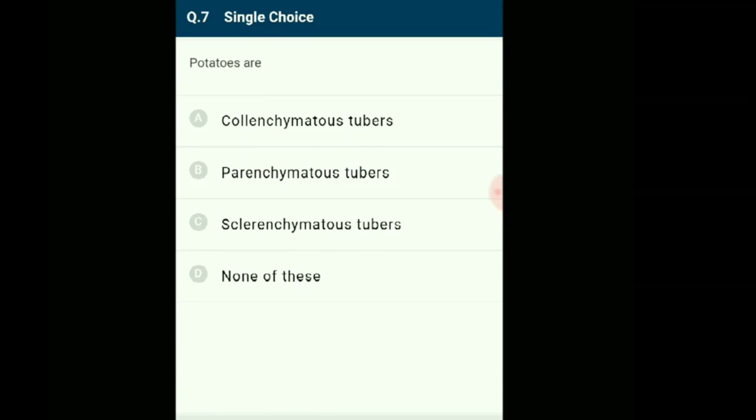Chloroplasts are organelles that carry out photosynthesis. The sugars are converted into starch, fat and oils and stored in other parenchyma cells in the stems and roots. Potatoes, for example, are tubers that are starch-storing parenchyma cells. So the answer is option B, parenchymatous tubers.